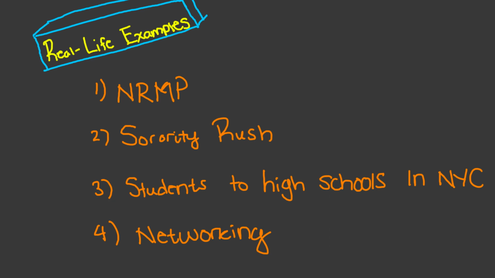The sororities pick who they like the best, and then the person picks which sorority they want to go into, and the stable matching algorithm does the rest of the work. There was also a really cool case where students in New York City put their preferences of high schools, and high schools looked at a bunch of different variables to pick the students that they wanted the best, and that was another use case. The last one that I'm going to mention is networking.